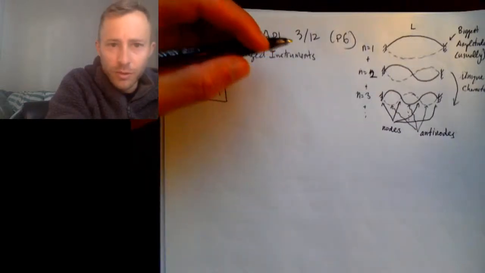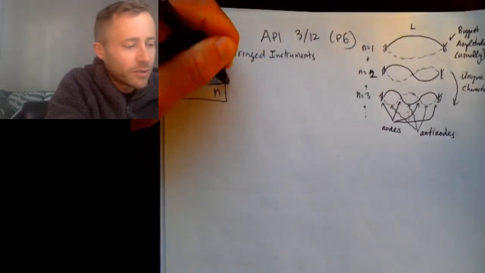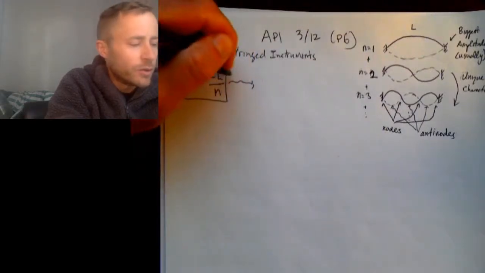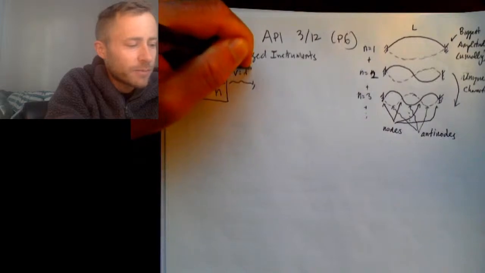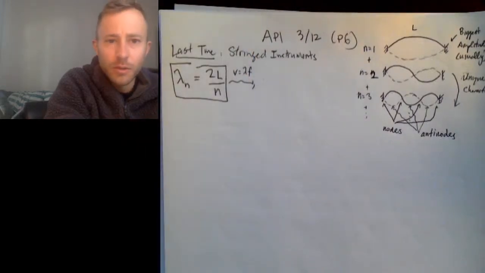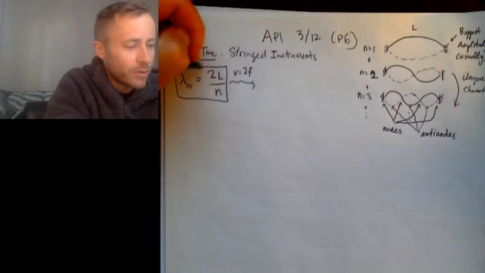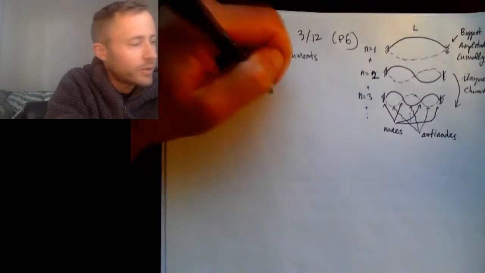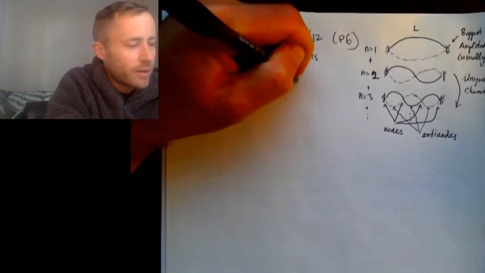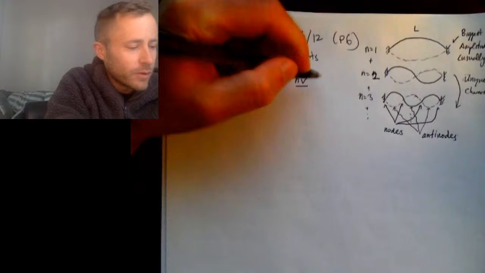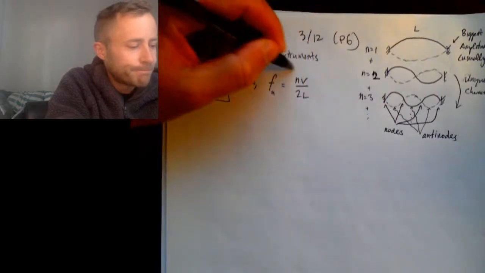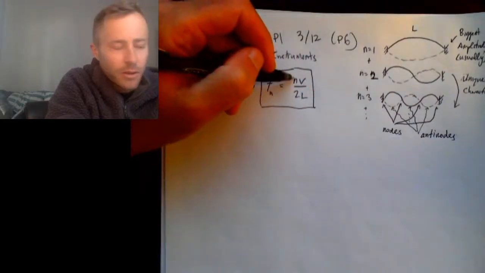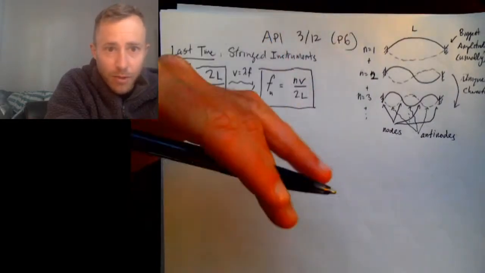What we do perceive is the tone. So what is the frequency of the nth harmonic? If we use v equals lambda f, we can determine the frequency. We plug in for lambda and solve for f, and we get that the frequency of the nth harmonic is nv over 2L, where n is the harmonic number, L is the length of the vibrating portion of the string, and v is the speed of a wave on the string.